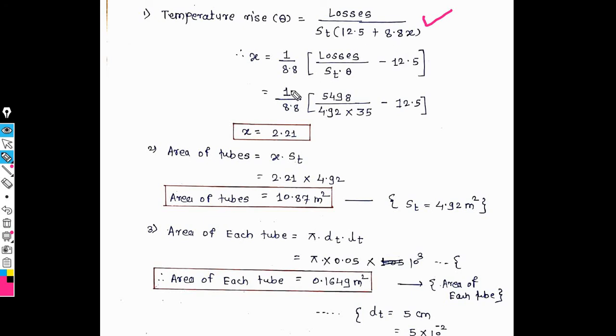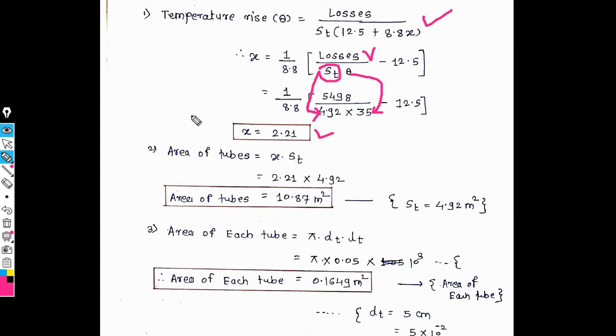Then x is equal to 1 upon 8.8. The value of losses is put, that is 5498, and the heat dissipating area is already given, that is 4.92 meter square. Also theta is given as 35 degrees Celsius, minus 12.5. The value of x is obtained as 2.20. These are all values given in the problem.